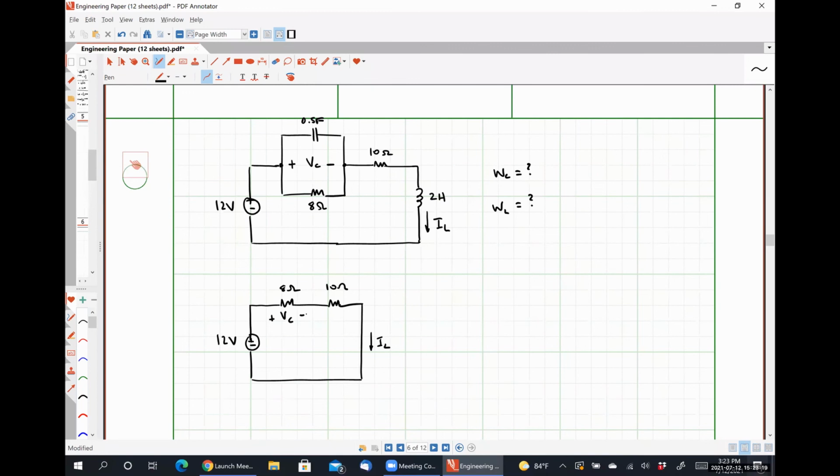So how would I solve for the quantity VC? Voltage division. All right. So VC would be equal to what then, using voltage division? 12 volts. My equation looks like 12 volts times 8 divided by 18.